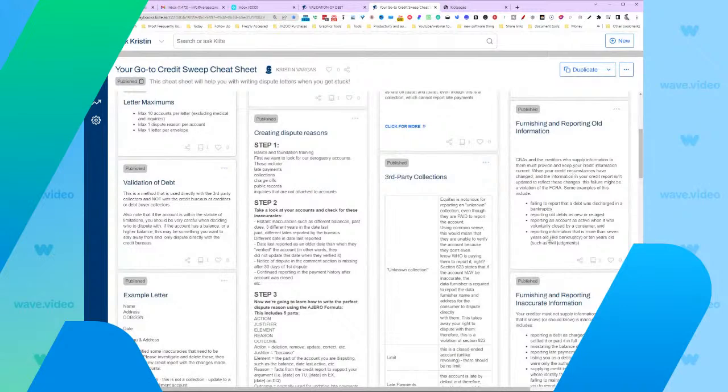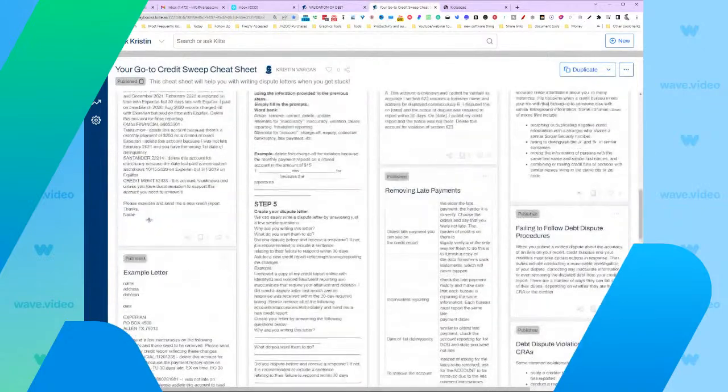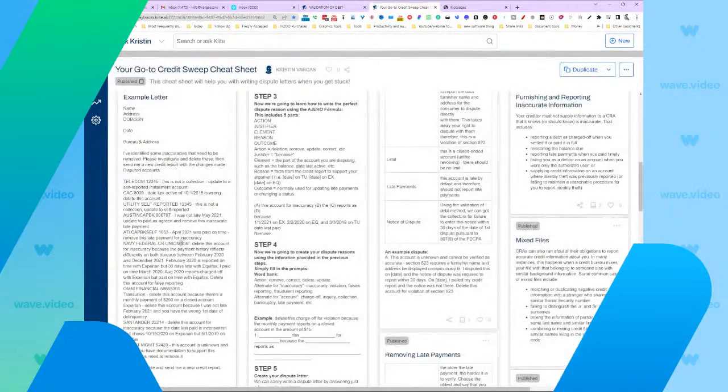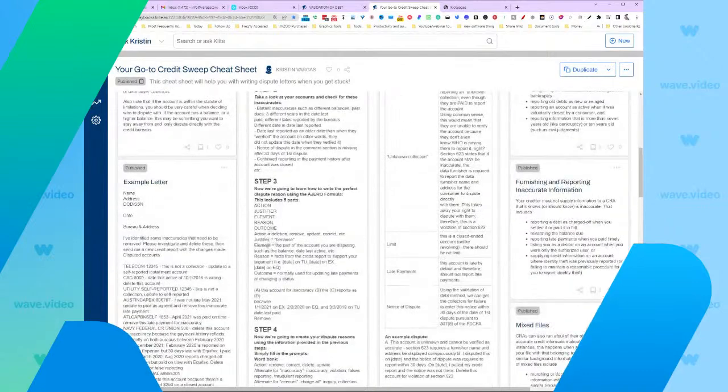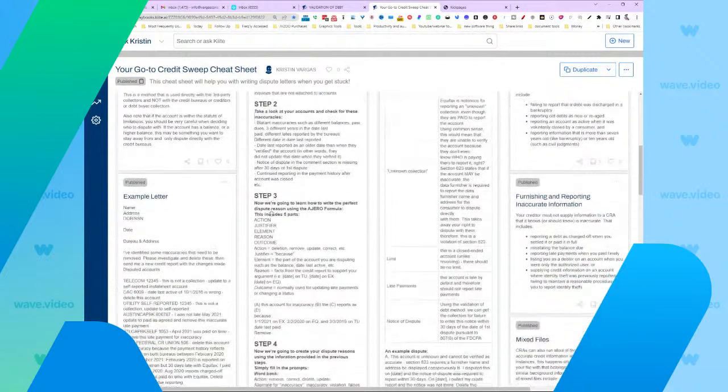And then we have FCRA violations that are not listed under the validation of debt. We have different dispute letter examples, the formula I use to remove over 50,000 negative items in just under 4 years, creating your dispute reasons, and so on and so forth.